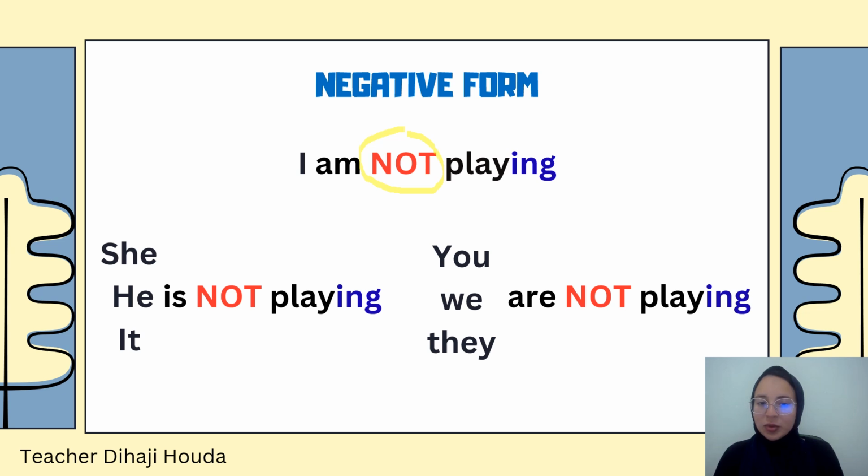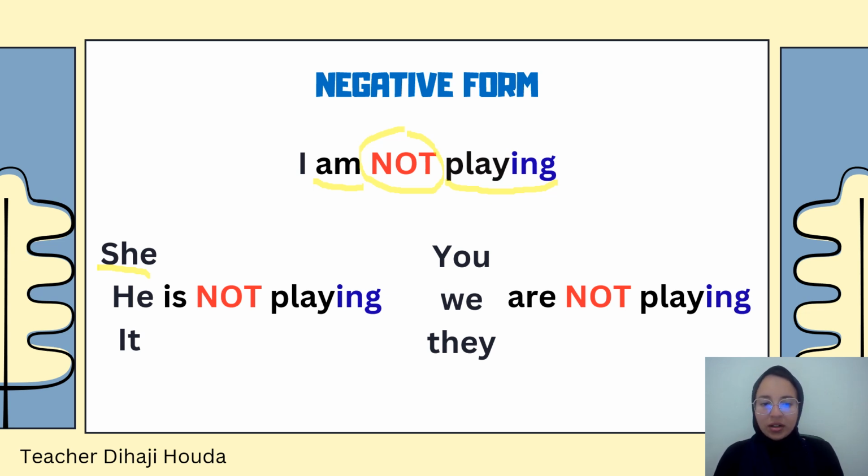It is between the verb to be and the base verb plus ing. This is how we do it. Not is always between the verb to be and the verb we're conjugating. The same thing applies to she, he, it, and you, we, they. For example, she is not playing and we are not playing.